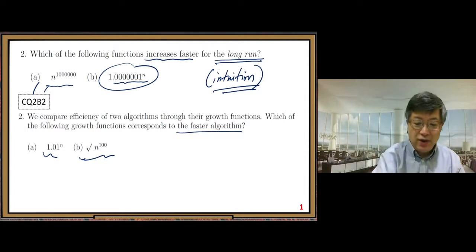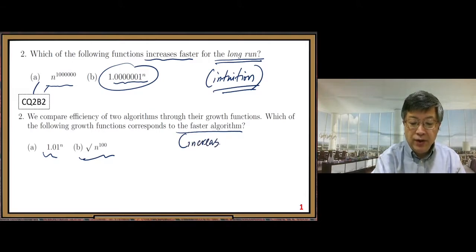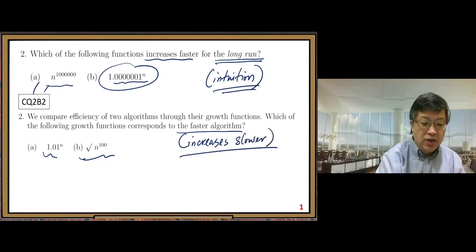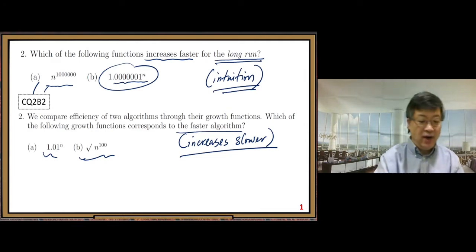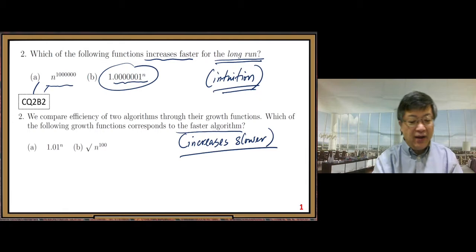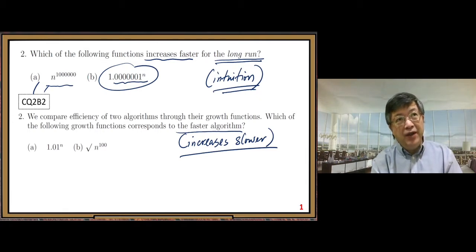So here the question is opposite. So it increases slower. That means for these 2 functions, we need to pick the smaller one. All right. So then, how do we compare these 2 functions?